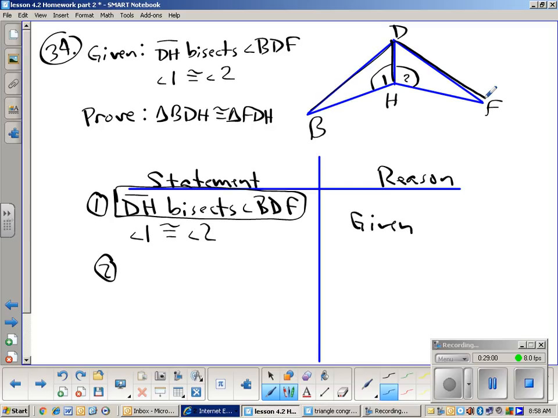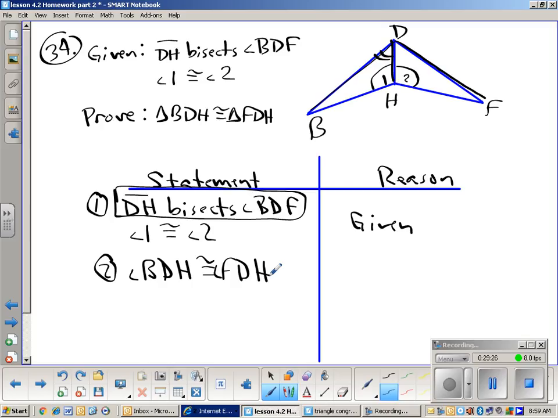So, can you name one of the angles so I know what you're talking about? BDH. So you're saying angle BDH is equal to angle FDH, and I said equal, but I meant to say congruent. Angle FDH. That's well said.